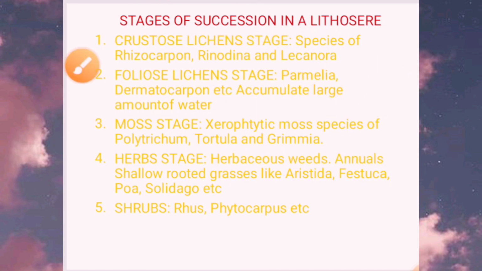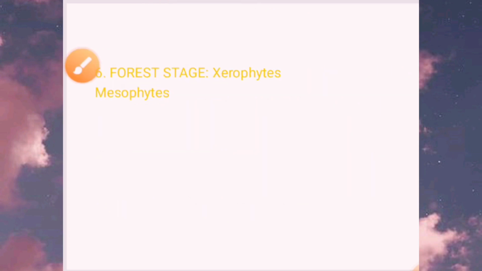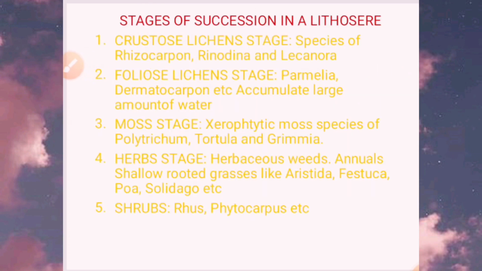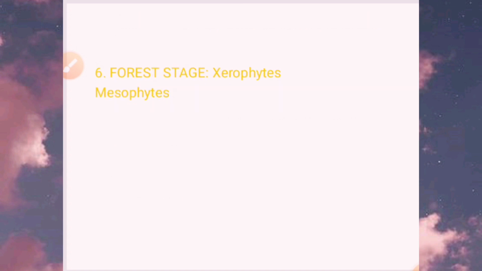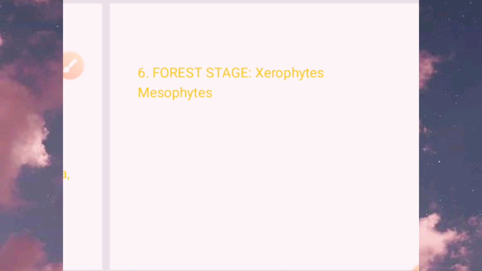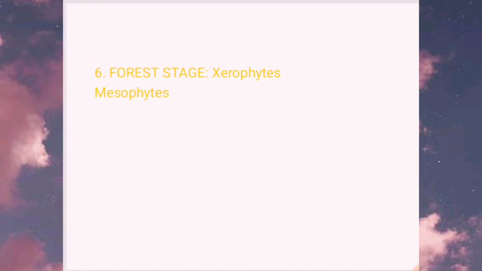Now moving to the tree stage. After this shrub stage, the conditions become favorable for trees. These shrubs further improve the conditions, and now this area is first invaded by xerophytic trees, which can live in somewhat extreme conditions.